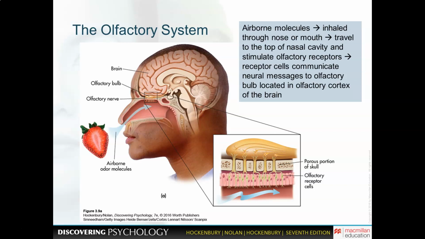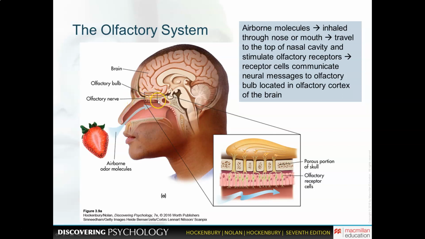And we're just going to take a look at this. It's very quick and pretty simple. We smell by first sensing airborne molecules, odor molecules, in the air. This strawberry is emitting odor molecules into the air. Then we breathe those in, they go up into our sinuses, and reach what's called our olfactory nerve.